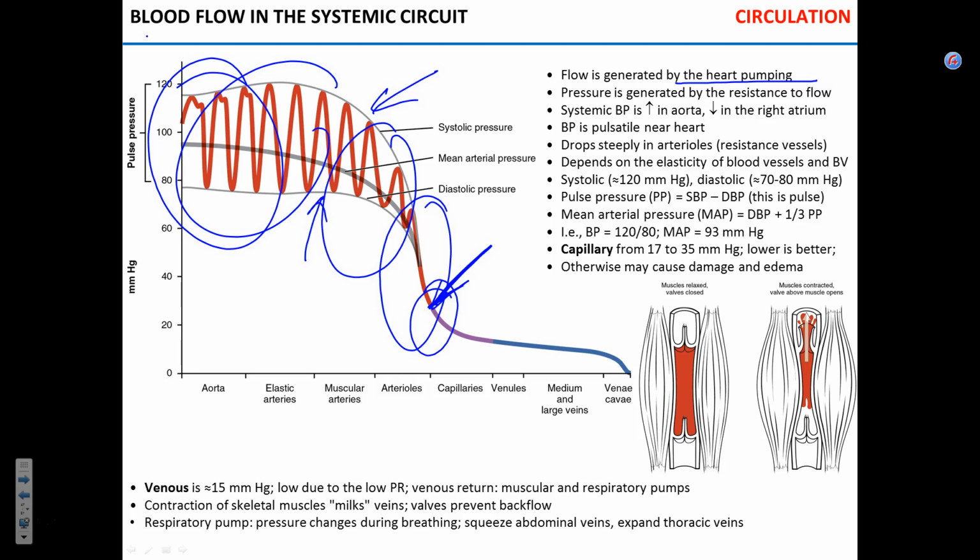But if those mechanisms, protective mechanisms, fail and blood pressure in the systemic capillaries goes above 35, there are all kinds of bad consequences that can arise from that. Does that make sense to you? Now, venous blood pressure continues to decrease, and it essentially reaches a zero. Where?